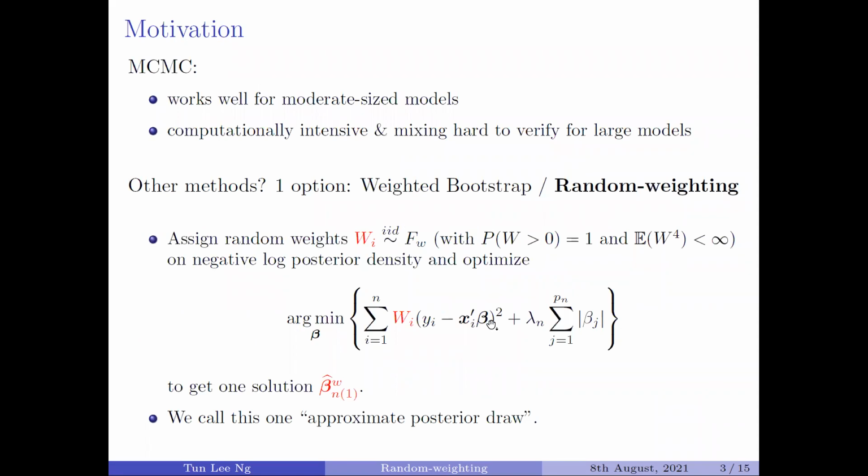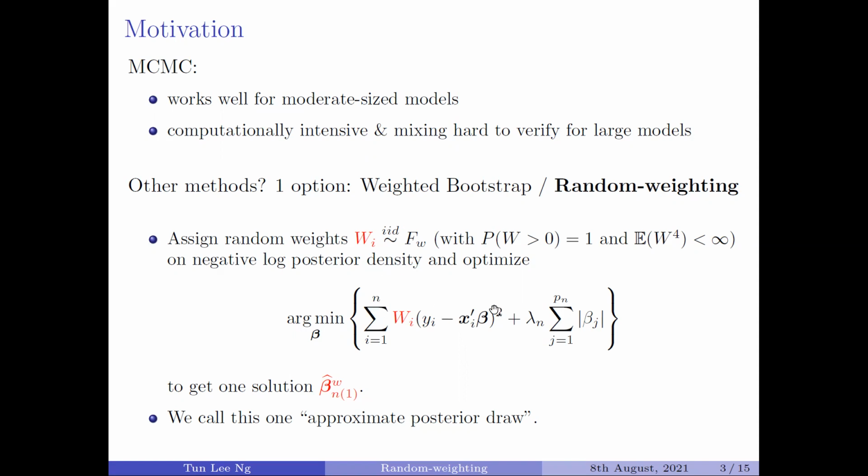Now, MCMC generally works well for moderate size models, but it becomes more computationally intensive and its mixing becomes hard to verify for larger models. Currently, there are many other methods out there to approximate MCMC, and one option is the weighted bootstrap or the random weighting approach that I'm going to introduce now.